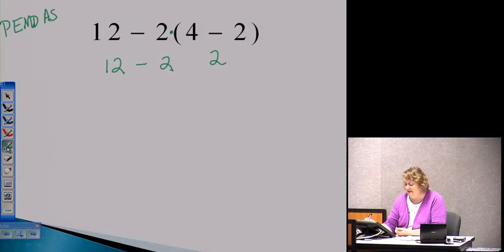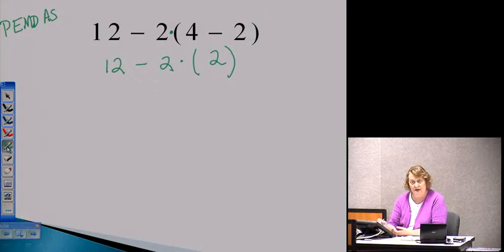So I'm going to leave the parentheses until I'm completely through with those. And to help me remember what to do here, I'm going to put a little dot to help me remember that that's a multiplication. Again, with a number directly in front of a parentheses and no other operation sign that implies a multiplication. So now I have 12 subtract 2 times 2.